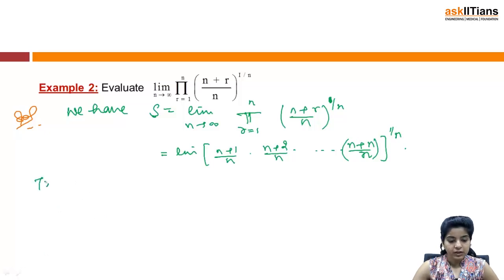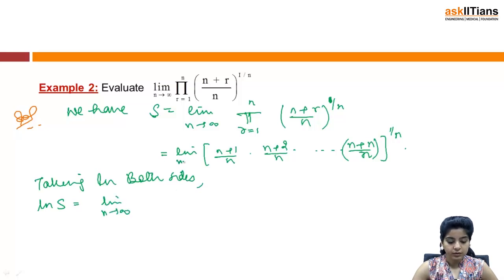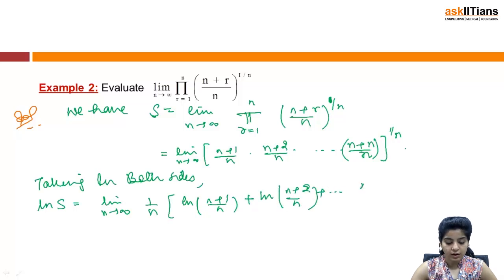Now taking log on both sides, ln S would be equal to the limit n tends to infinity of 1/n, using the properties of logarithm, with the log taken inside: ln((n+1)/n) + ln((n+2)/n) + so on, up to ln((n+n)/n).